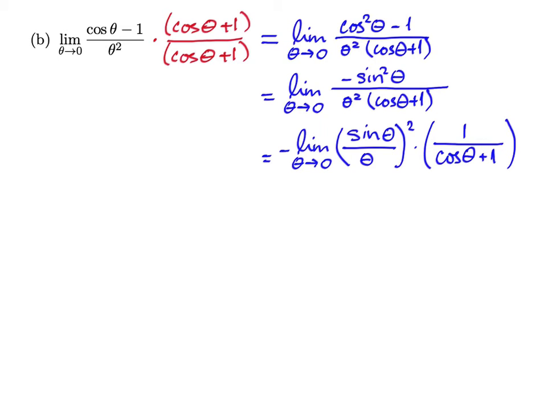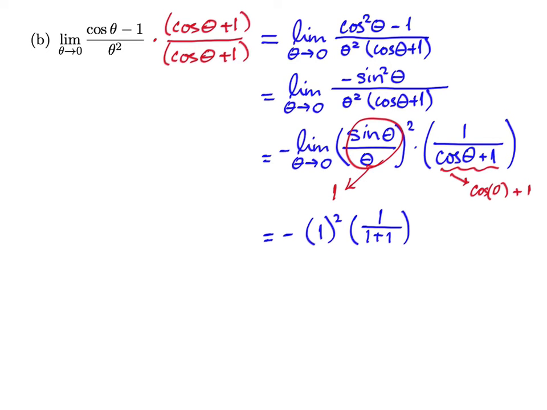So now we can see that sine theta over theta is approaching 1. And then over here, cosine theta plus 1, we can plug in 0 for theta. It's going to be cosine of 0 plus 1. So we get negative 1 squared times 1 over 1 plus 1, which is negative 1/2. All right, so there was a lot of algebra and some trigonometry, and we used the first limit formula.